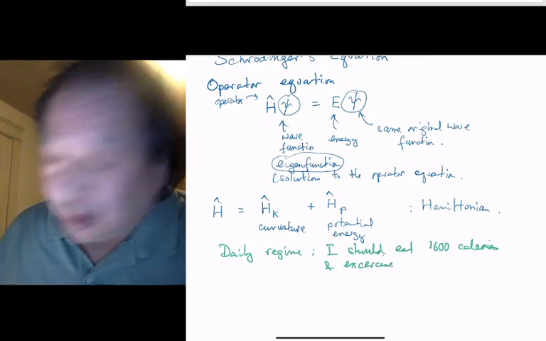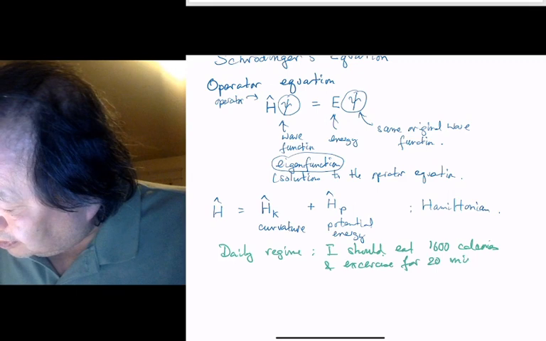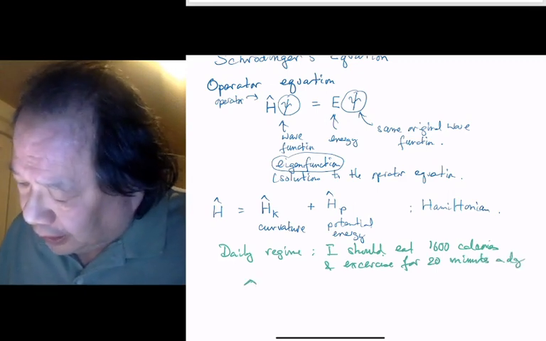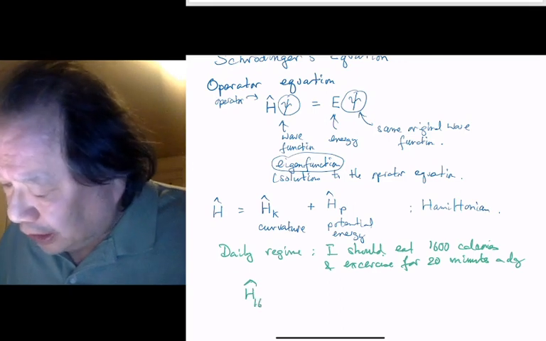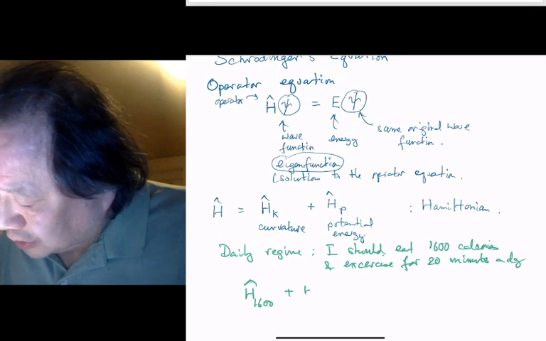My doctor is really nice to me, so just 20 minutes a day. So there's an operator H1, which is the 1,600 calories, and the second part of the operator is the 20 minutes of exercise.